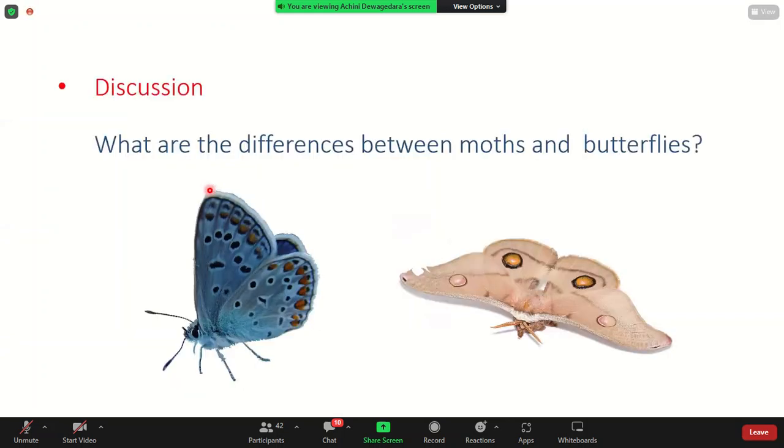So do you know the difference between moths and butterflies? Out of these two, which one is the moth, which one is the butterfly? The one is the butterfly, other is the moths. How do you differentiate these two? What are the differences?